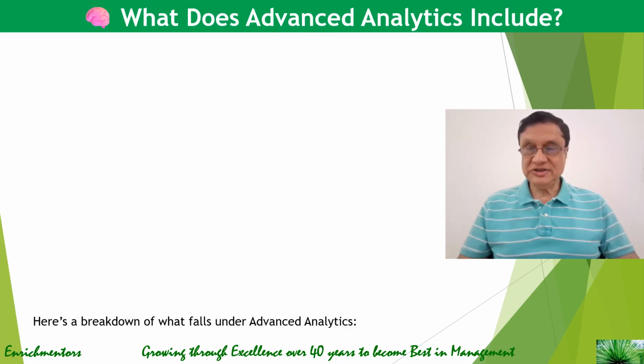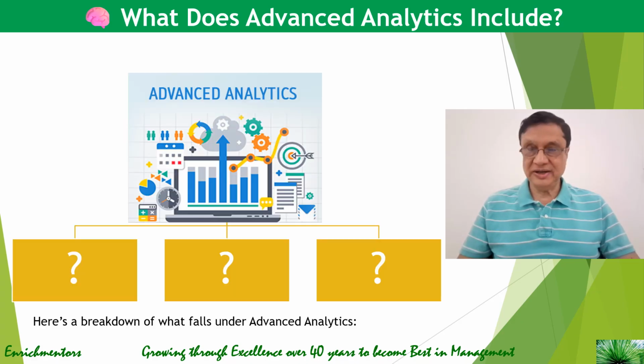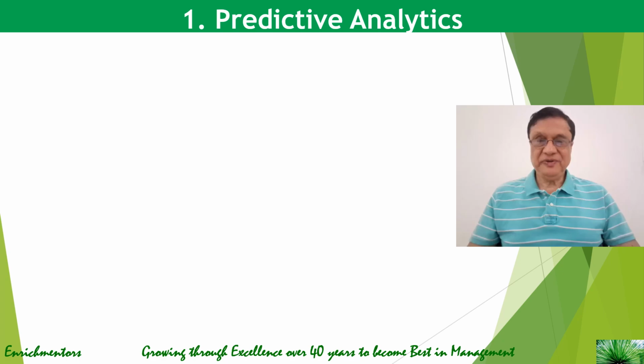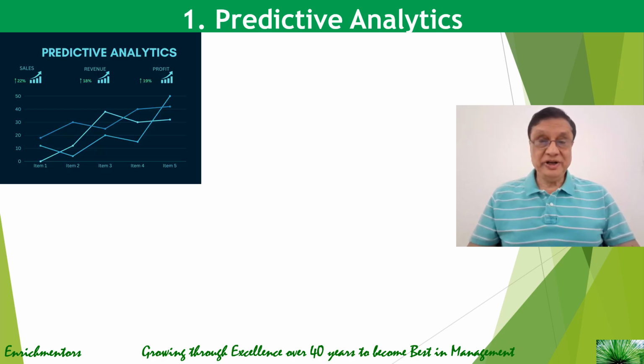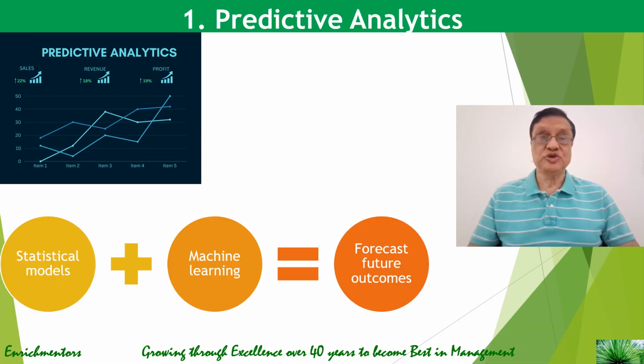So what does advanced analytics include? Let's take a look at the things that fall under advanced analytics. Any thoughts? First is predictive analytics. No surprise. Predictive analytics uses statistical models and machine learning to forecast future outcomes.